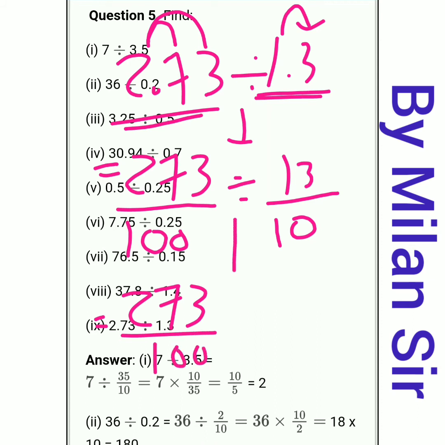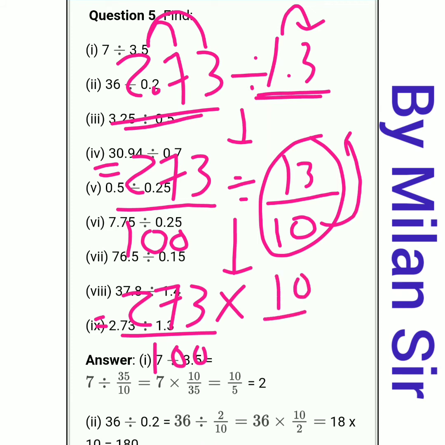Now we can convert this division into multiplication. Then for 13 by 10 we need to take the reciprocal, so we change the numerator and denominator. The denominator 10 goes to the numerator and the numerator 13 goes to the denominator. Now 10 cuts with 100.